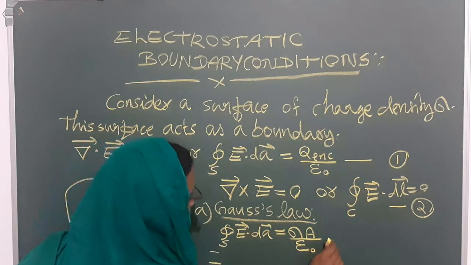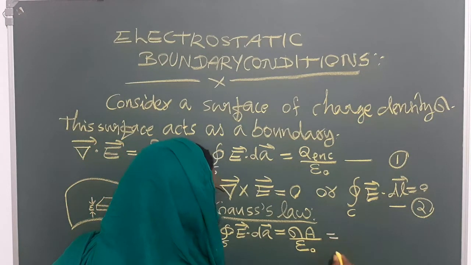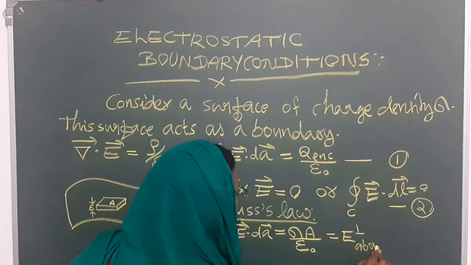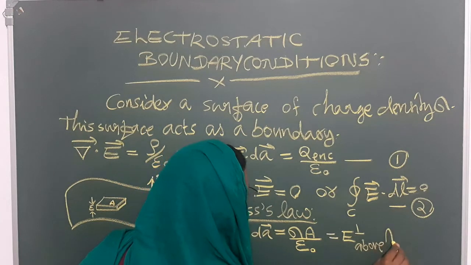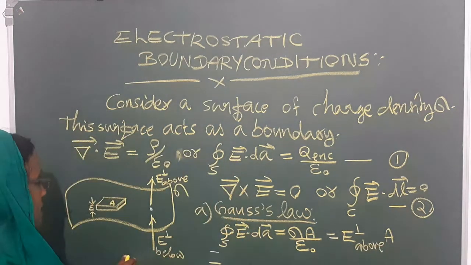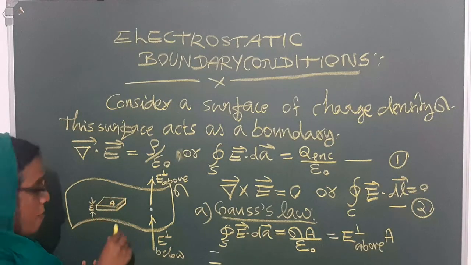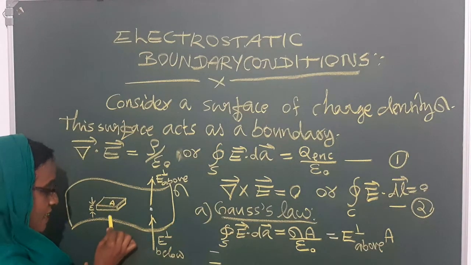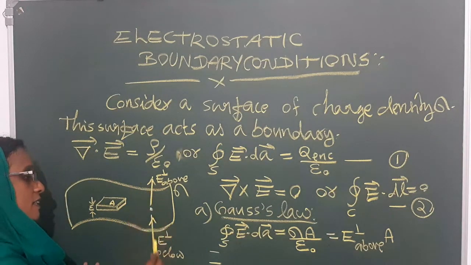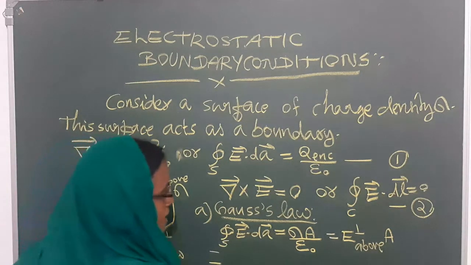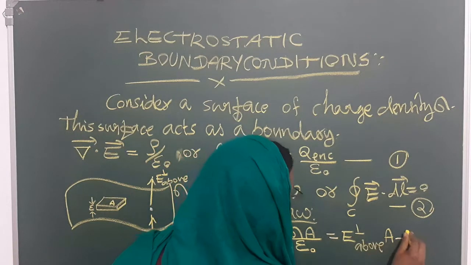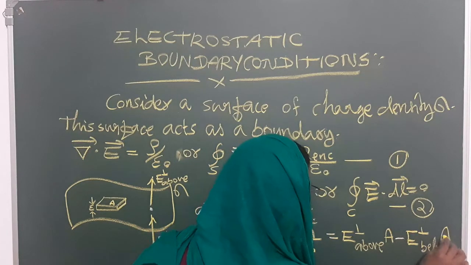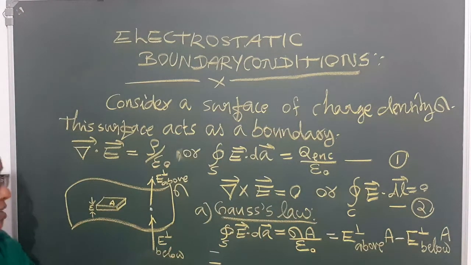So you can write this as E perpendicular above times A. Similarly, there is a lower surface, but for the lower surface the area vector is pointing downward while the electric field vector is pointing upward, so there is a minus sign: minus E perpendicular below times A.